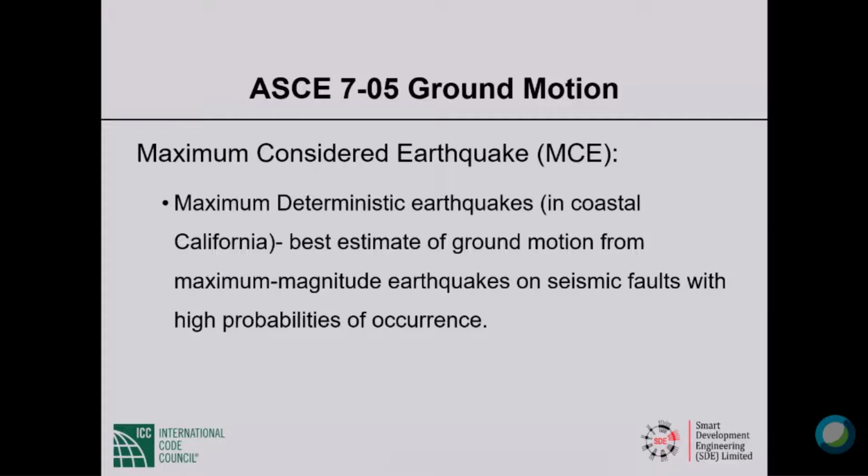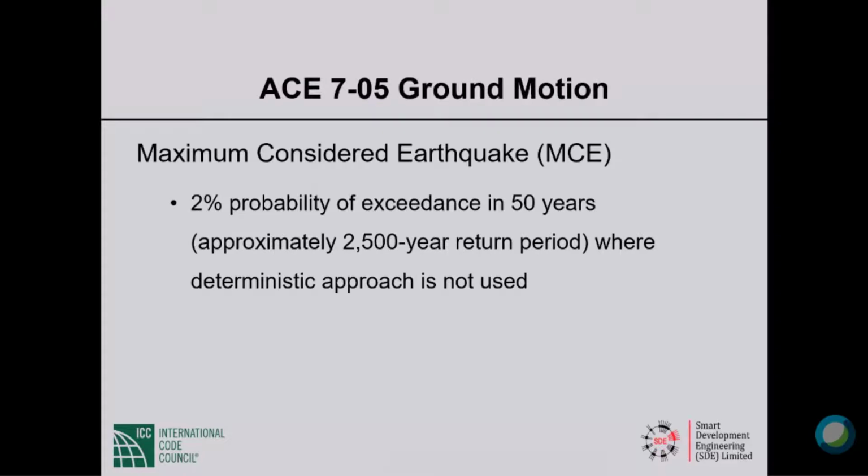Okay? Now, elsewhere in the country, where seismologists have nowhere near the same handle on either the seismic sources or their capabilities, they have collectively decided that the earthquake that comes the closest to the deterministic earthquake of coastal California is the 2,500-year return period event, 2% probability of exceedance in 50 years.